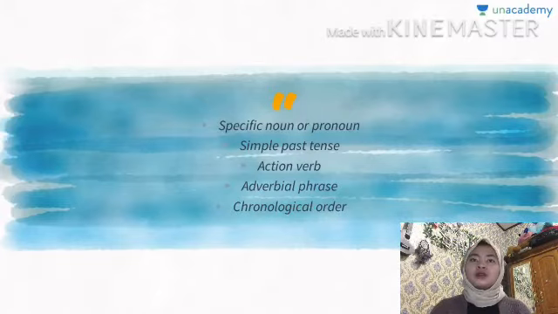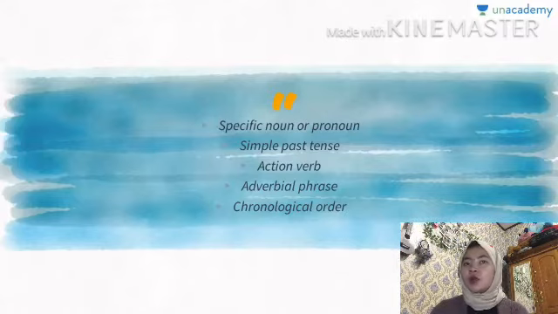The next is the use of simple past tense, because it tells a story of past events, and also action verbs like in narrative, report, or recount texts. Then it also uses adverbial phrases to explain conditions, such as place and time.